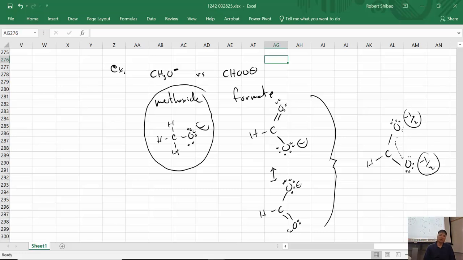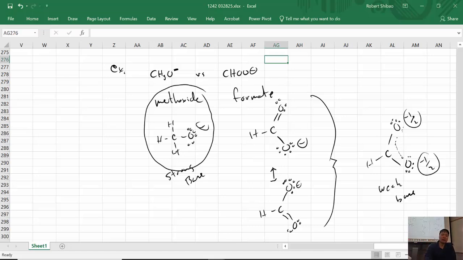So this methoxide is actually a strong base. It's not one of the strong bases that you need to memorize, but it's very hydroxide-like. Whereas formate's like acetate, it's weak. This is a weak base. This is called resonance delocalization.